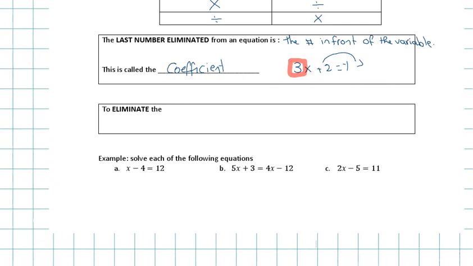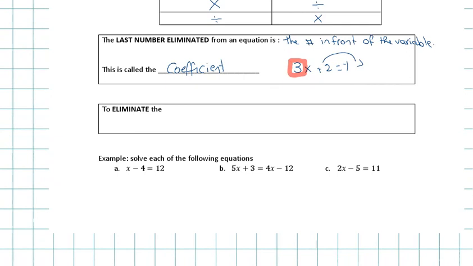Now, can you guys tell me what kind of operation do I have between the 3 and the x? What's happening between them? Addition, subtraction, multiplication, division? 3x, what does that mean? Multiplication, 3 times x, right? We don't write that times, it's 3x. Now, if I want to move that 3 over, it's a multiplication. When you move it over, what does it become? Division, okay? Because the opposite operation of multiplication is division.